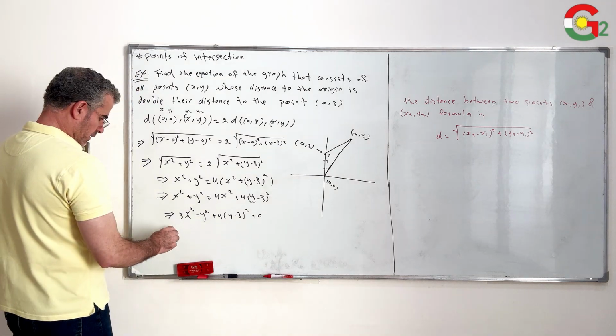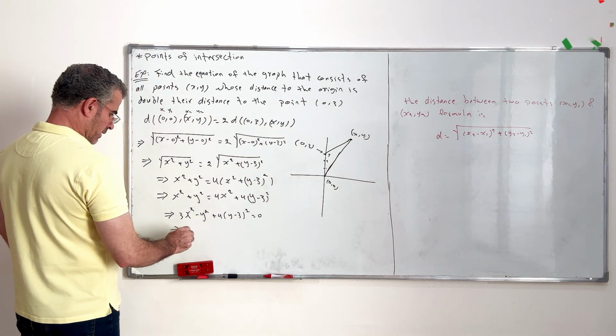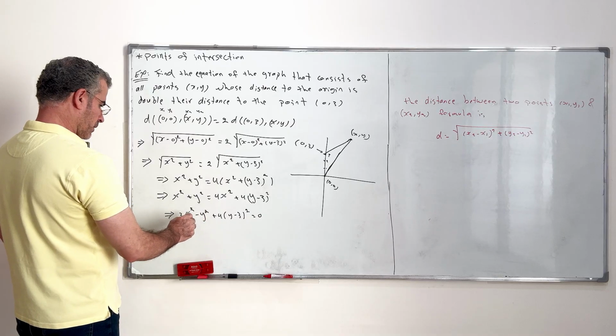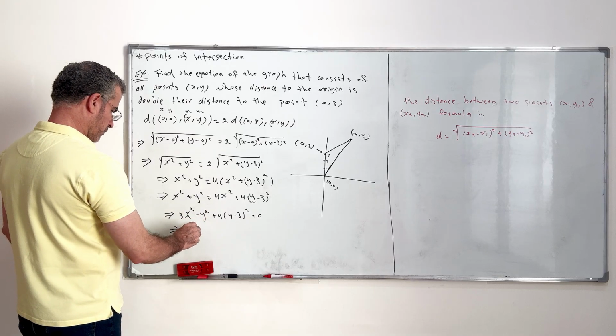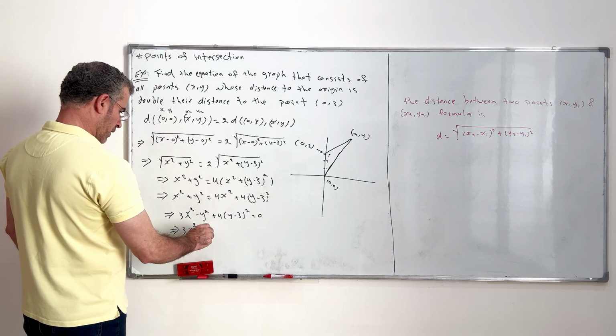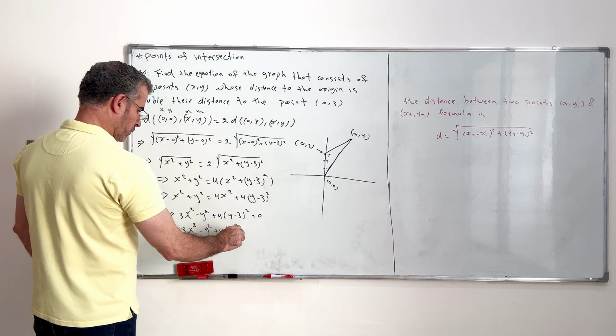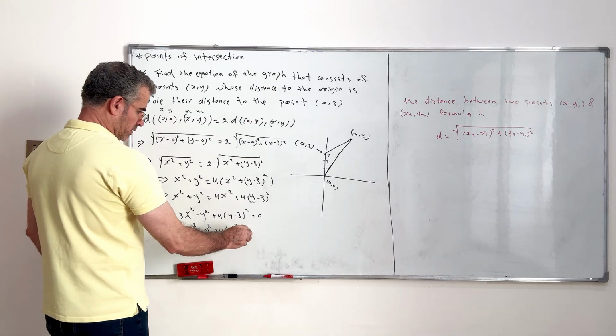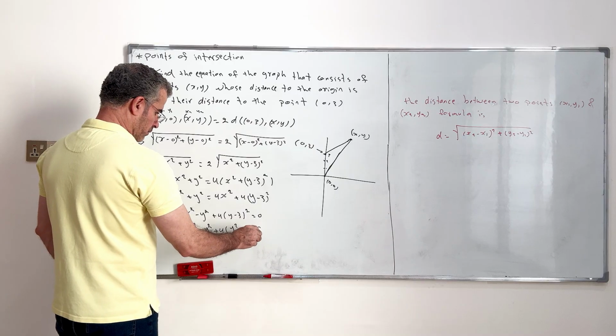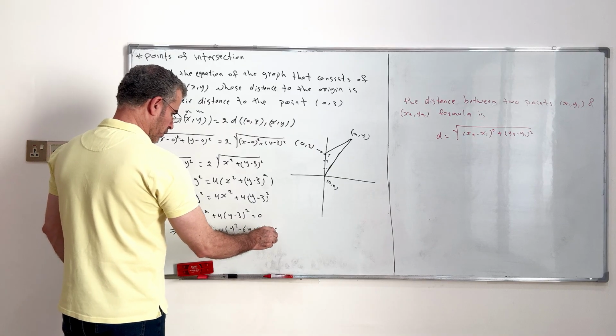Open this bracket: 3x squared minus y squared plus 4y squared minus 24y plus 36 equals 0.